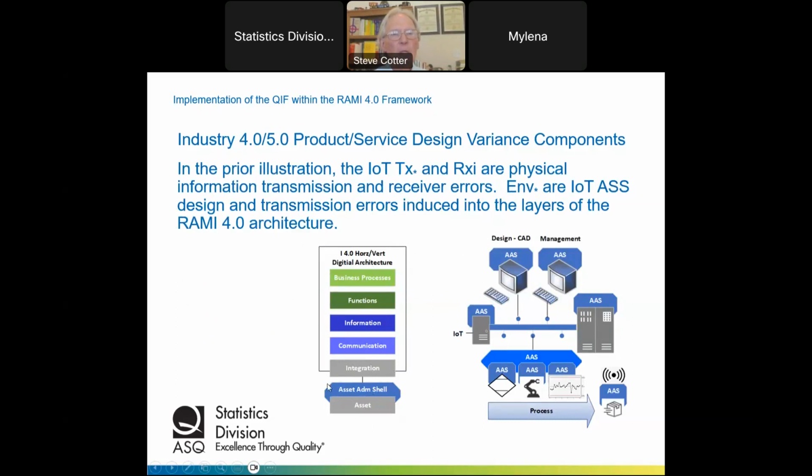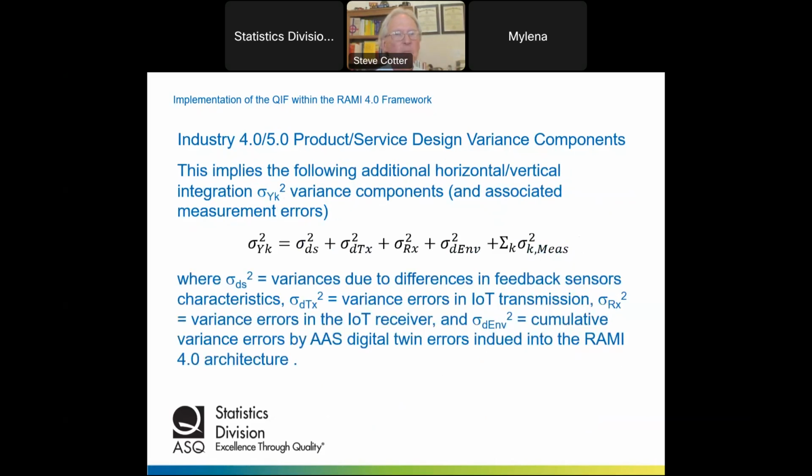But the key here is in that design, there's an asset administration shell, which is a digital twin of the asset itself, and it translates from the asset's language to the RAMI 4.0 IoT language. So that shell, that shell design of that digital twin can induce additional variance components.